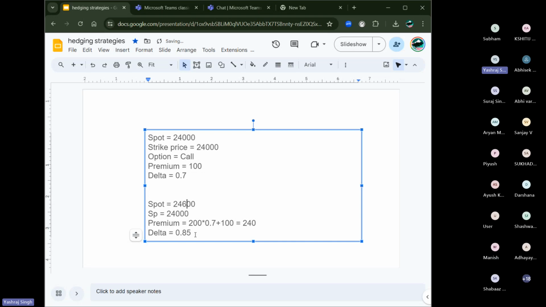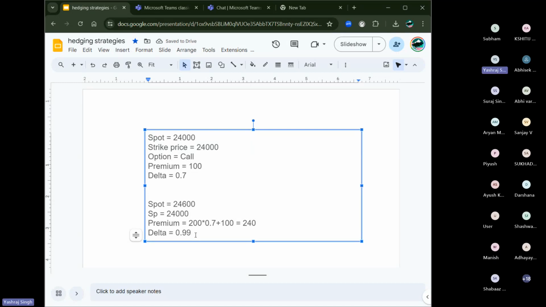go somewhere around here. I mean, there is this usual move which happens every single week. Let's say the market is moving like 500, 600 points every single week, and if it has moved beyond a point, and from there the probability for it to go below 24,000 is close to 0, in that scenario it will practically never go to 1.